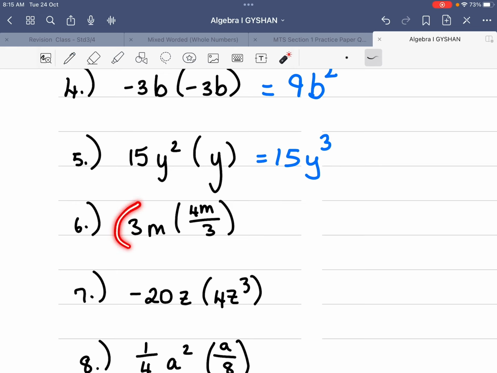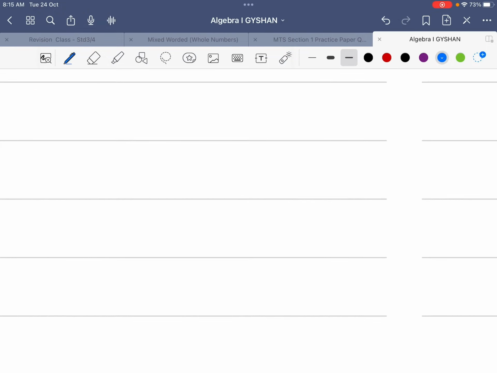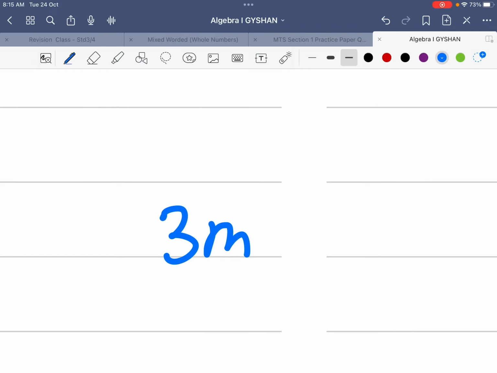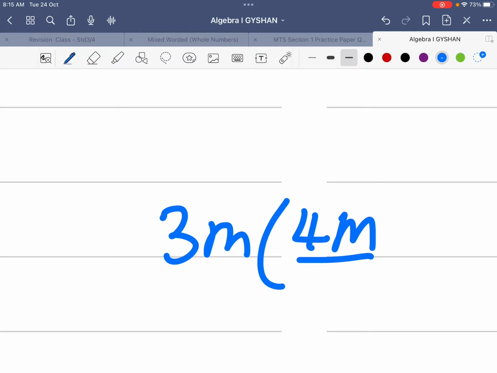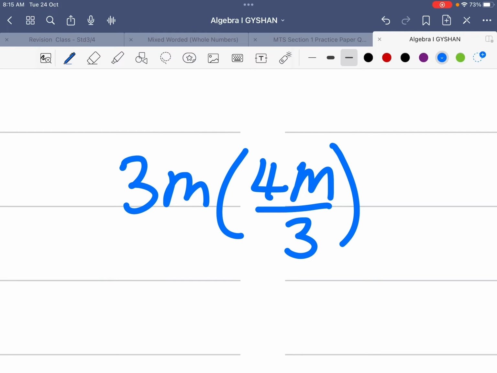Number 6. So I would write this a bit different. 3m multiplied by 4m over 3. That way we can see how we can cancel. 3 into 3 is 1. 3 into 3 is 1.